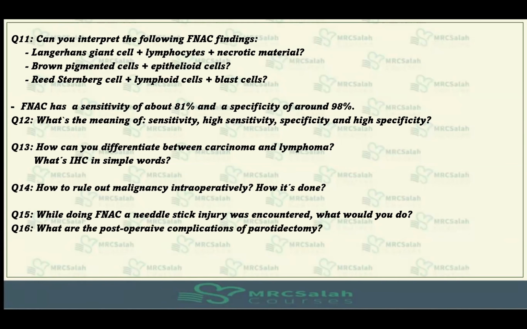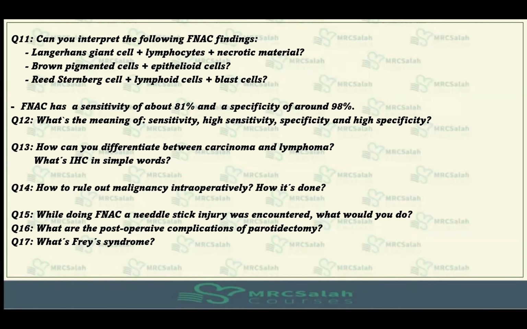What are the post-operative complications of parotidectomy? Nerve injury like cranial nerve injury, great auricular nerve injury, Frey syndrome, and salivary gland fistula. Can you please tell me the meaning of Frey syndrome?